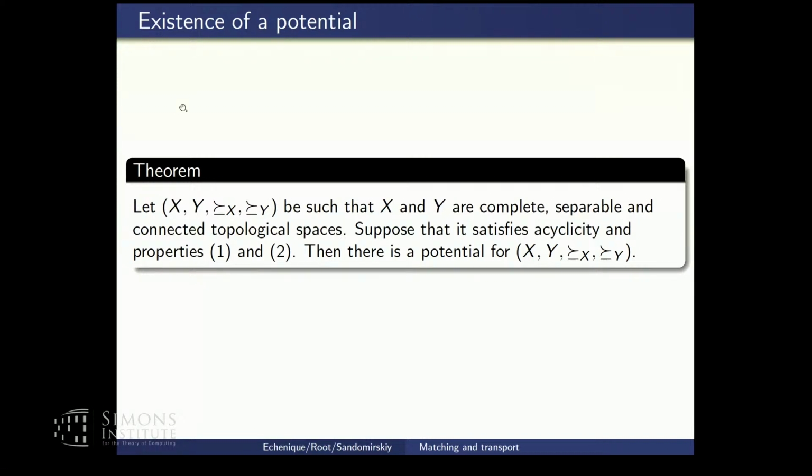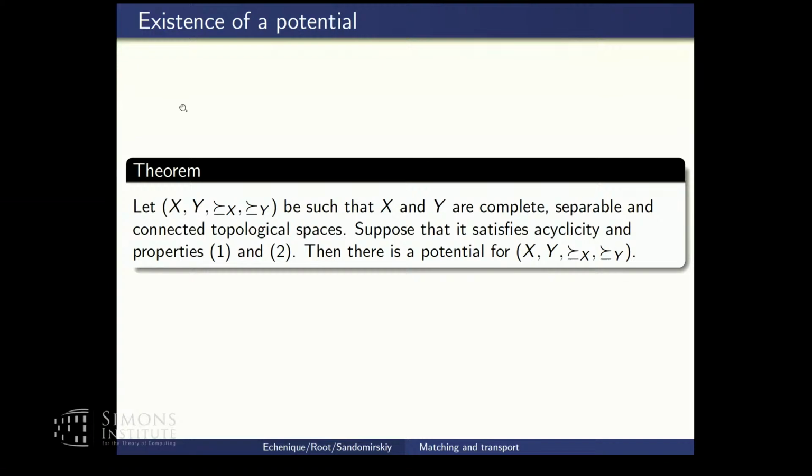So anyway, we have a theorem that shows you when such an object exists, and there are some topological assumptions and some continuity assumptions needed of the ordinal preferences, which I'm not going to show you. But the main substantive property that you need is the acyclicity of the preferences. When you think that x and y must have the same objective, if you fix x, you move from one partner y to y prime.